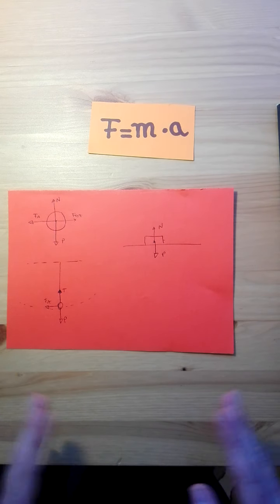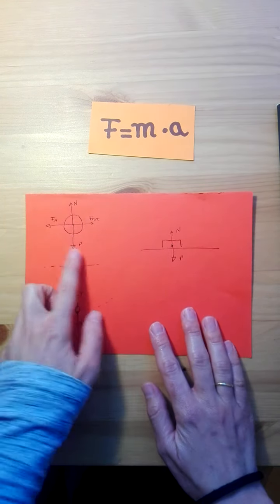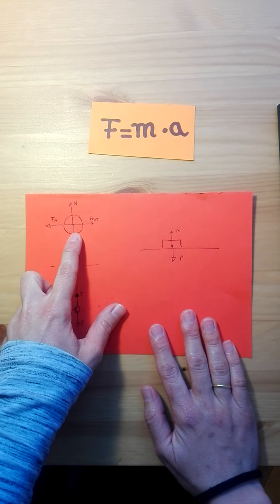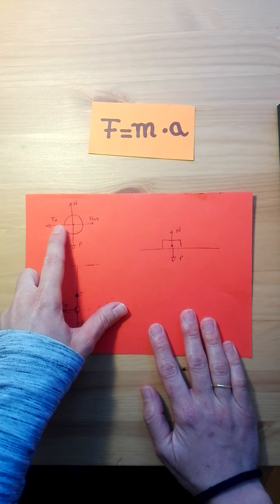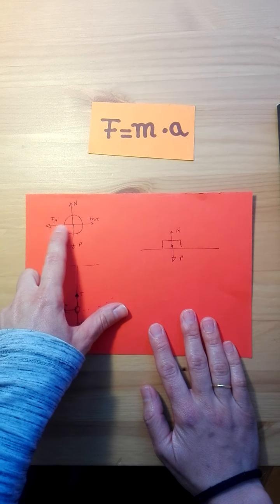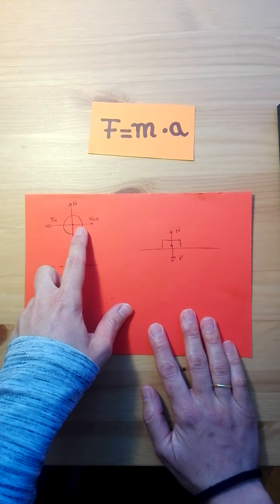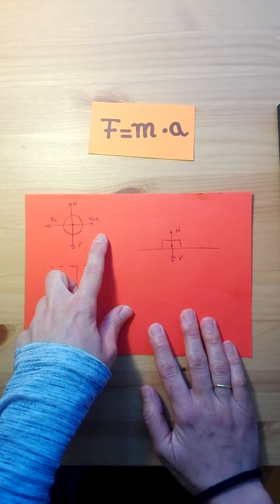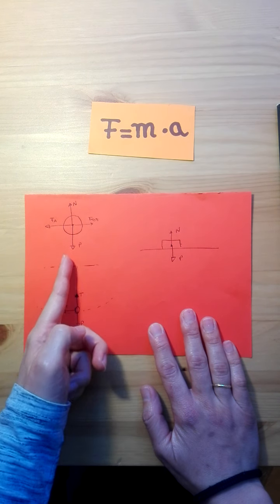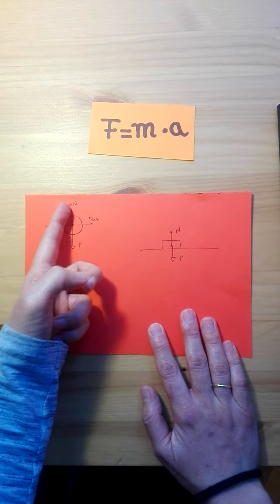For example, I have made here some examples. Imagine you have a ball and you kick it, you will have a force, the one you exert by kicking, but also you may have the friction force, of course the weight, we always have the weight, the normal force.